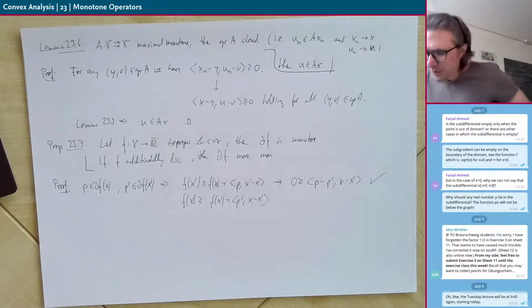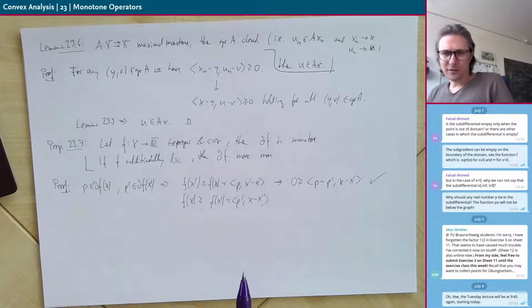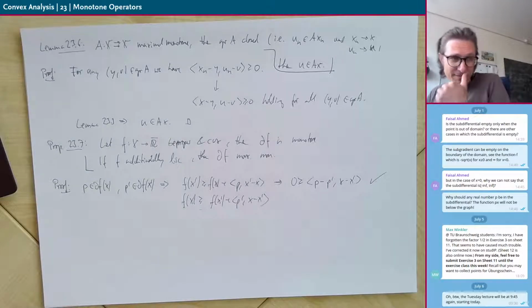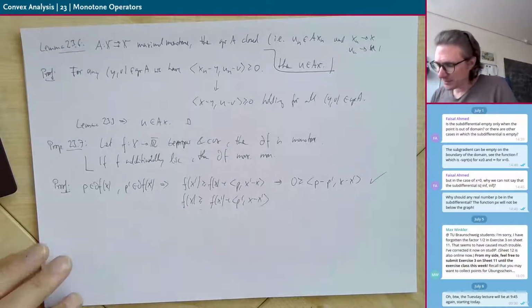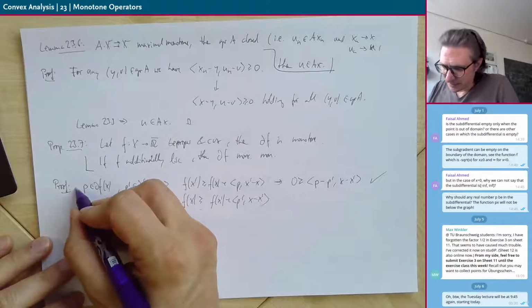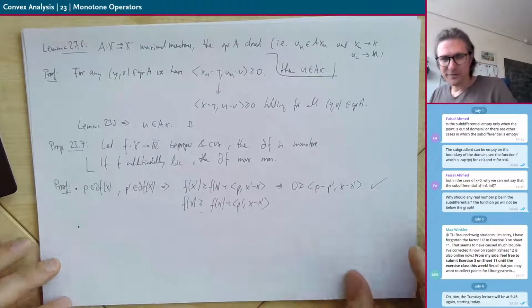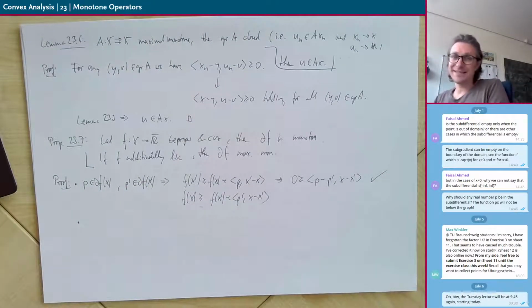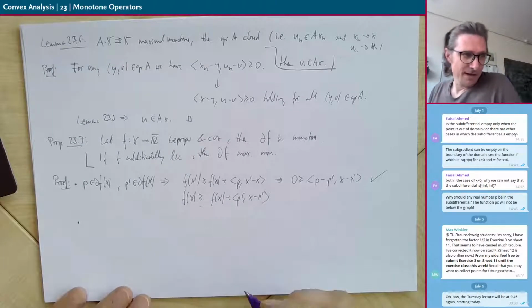Okay, so now, how can we prove that the subgradient of a lower semi-continuous function is maximally monotone? And this is now an interesting take, because it depends on the existence of minimizers of some function.